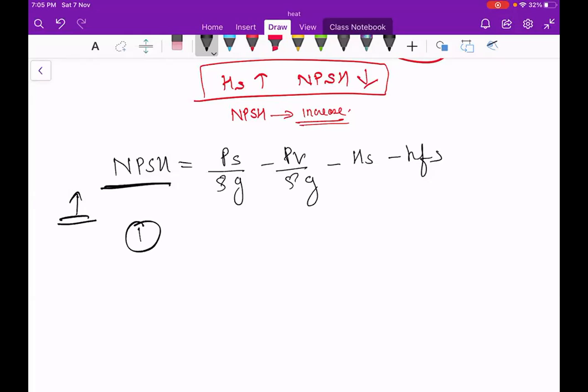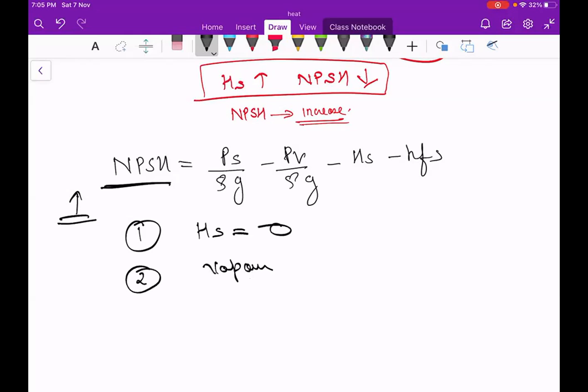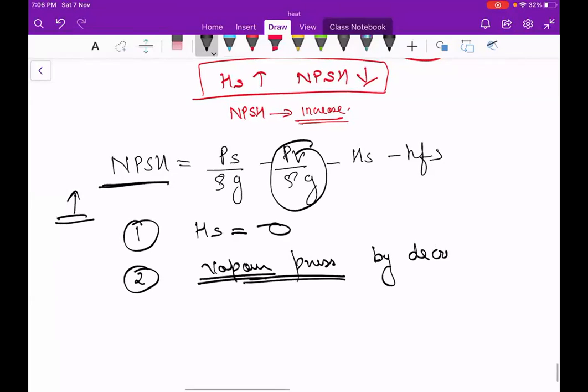Yes, Hs we can make 0. Second thing, vapor pressure can be decreased. That Pv value can be decreased. How can it be decreased? By decreasing the temperature of your fluid.